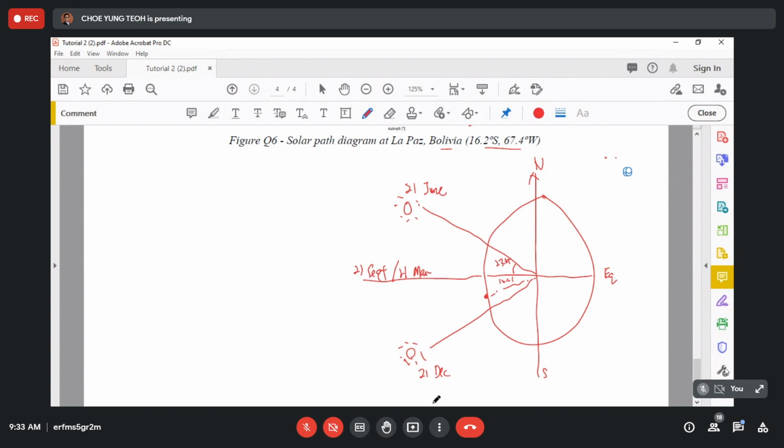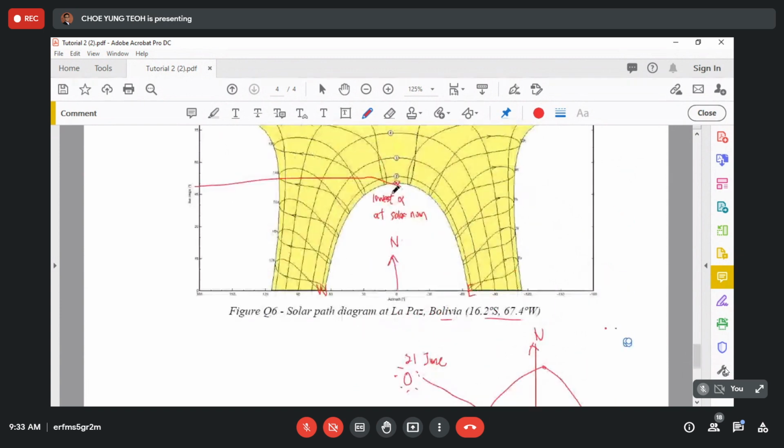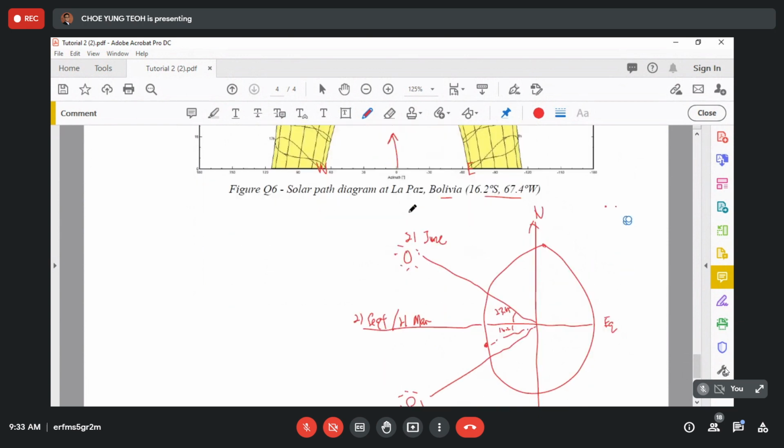So at line 1, the sun passed through the north of this location and it has the lowest alpha at solar. So the sun passed through the north of the location and it is the furthest away. So I will say line 1 is actually 21st of June.